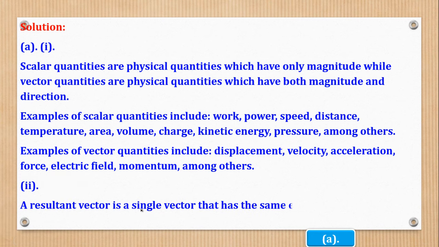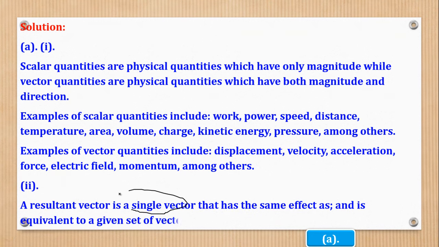So a resultant vector is a single vector that has the same effect and is equivalent to the given set of vectors. It must be one vector and has the same effect as the given set of vectors.